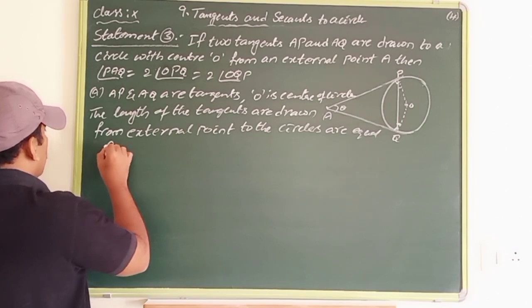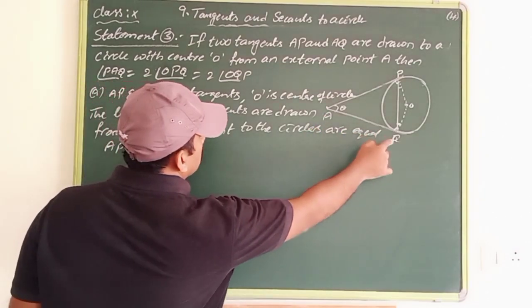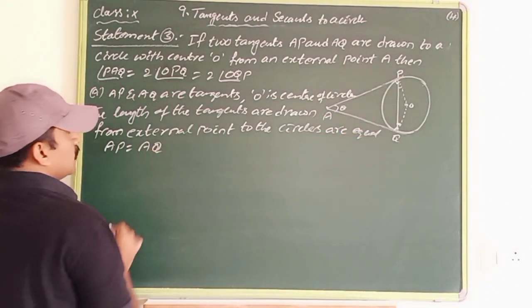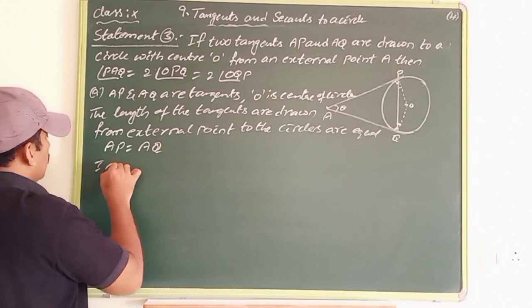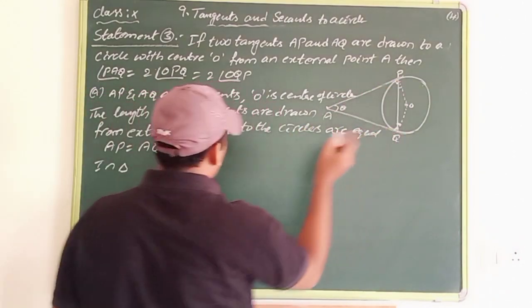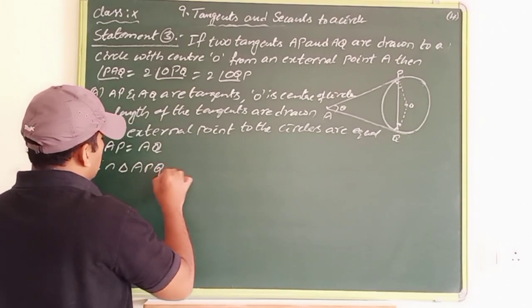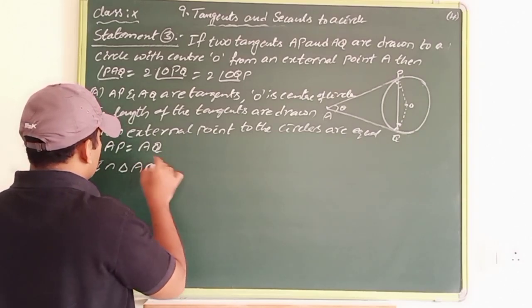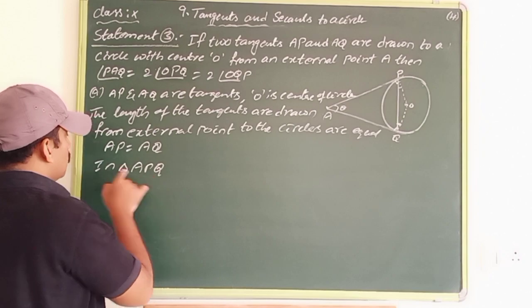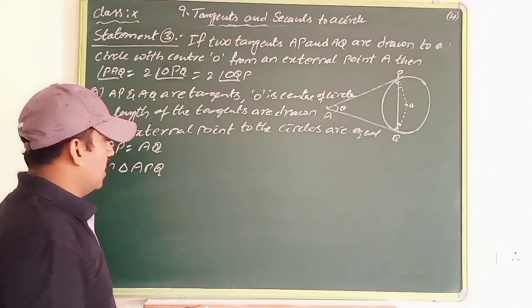So here we write AP is equal to AQ. Now you can check in triangle APQ: AP is equal to AQ, so triangle APQ is an isosceles triangle, right?